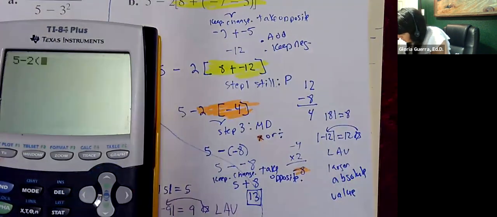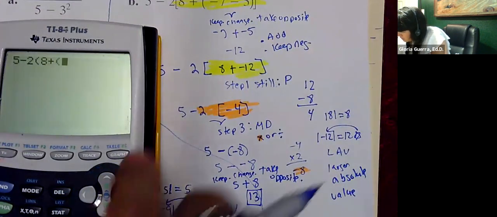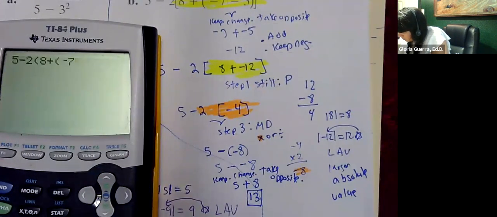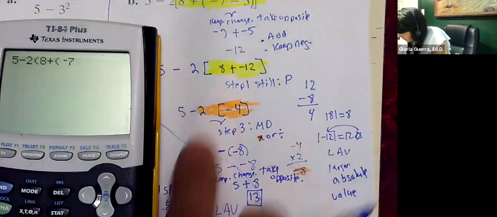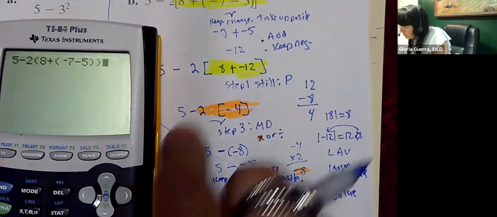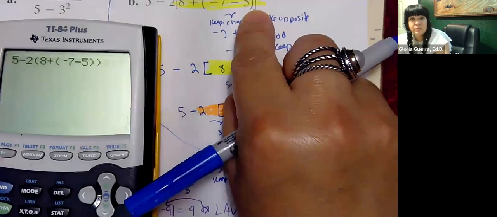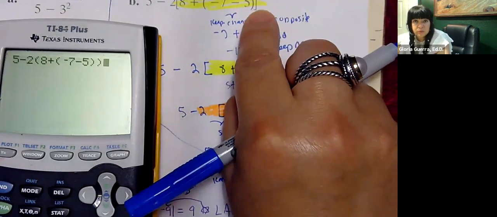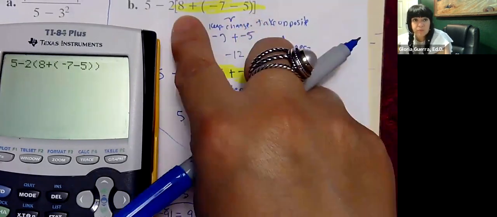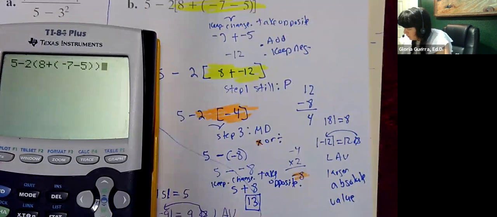Parentheses 8 plus, and then parentheses, then a little negative 7 using the sign changer, and then negative 5, and then close parentheses twice. So close parentheses for this, and then close the parentheses for this. So I'm using the parentheses here twice for the brackets. And then let's see if I get 13. Yay, I got 13. Okay.